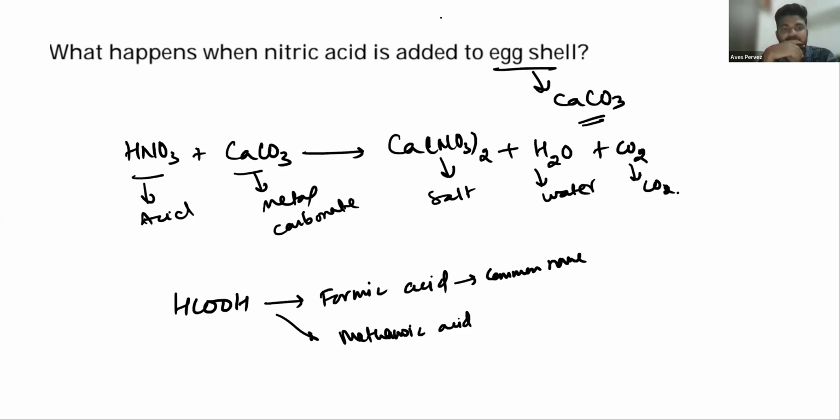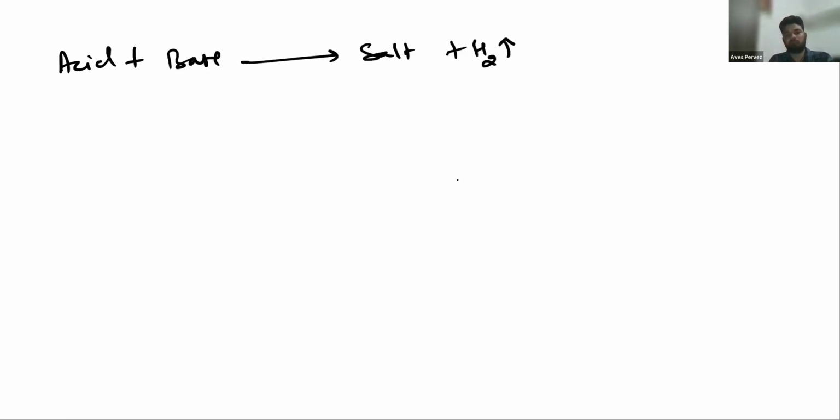Let's discuss the reactions of acids. Acids when reacting with bases form salt plus water. And you are very much familiar that the base cannot be only NaOH.